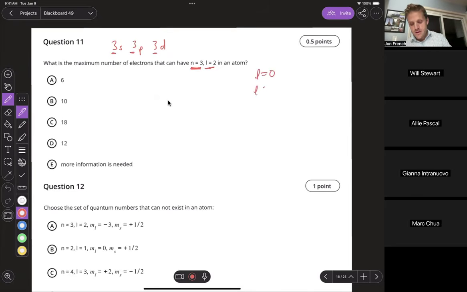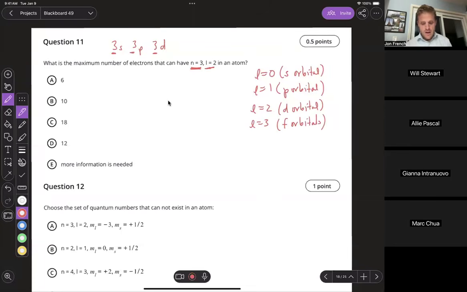L can be 0, 1, 2, or 3. When L is 0, we have our s orbital. When L is 1, we have our p orbital. When L is 2, we have our d orbital. When L is 3, we have f orbitals.